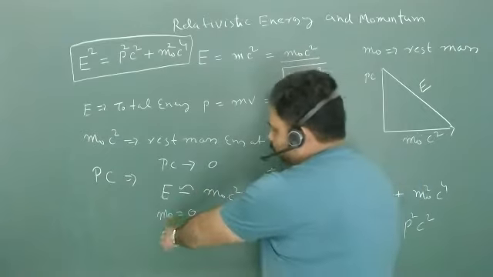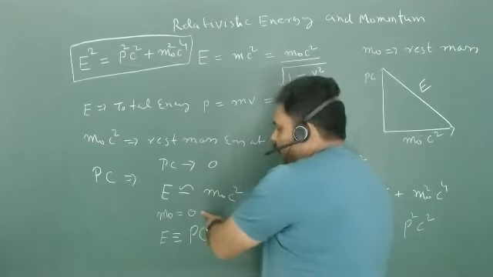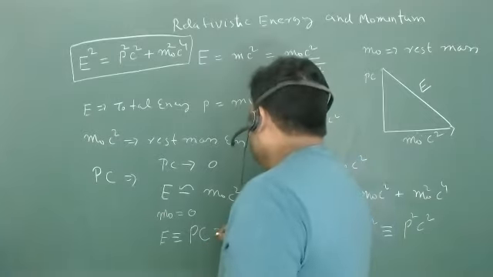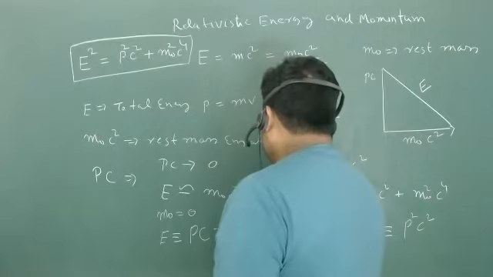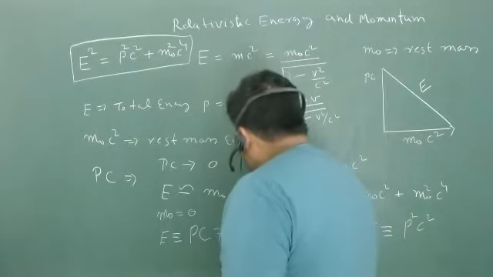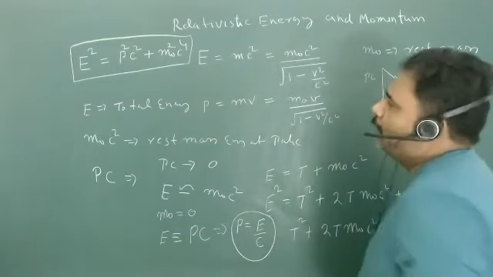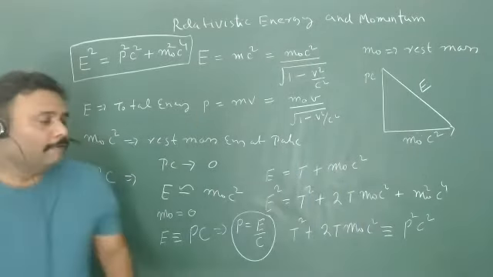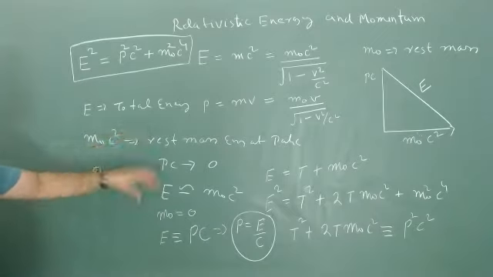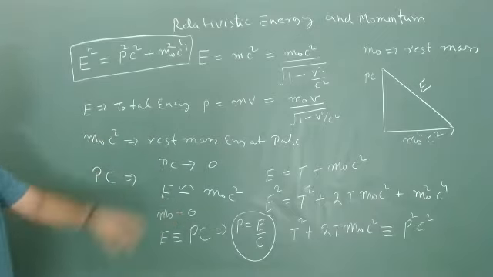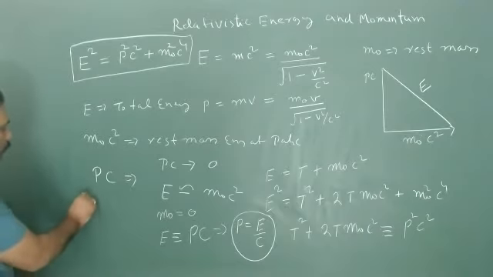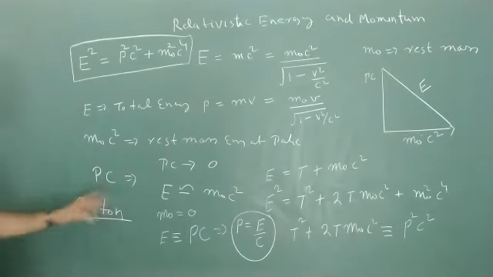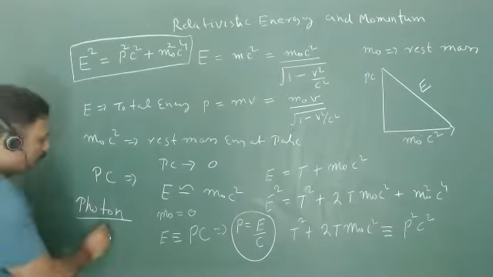And now look at this thing. The rest mass of the particle is 0, and its energy is nothing but P into C, or in another way, you can say that momentum is nothing but energy by C. And this beautiful relation gives us the privilege that we can define the particle whose rest mass is 0, and this particle is identified as basically the photon, which is moving with the speed of light.